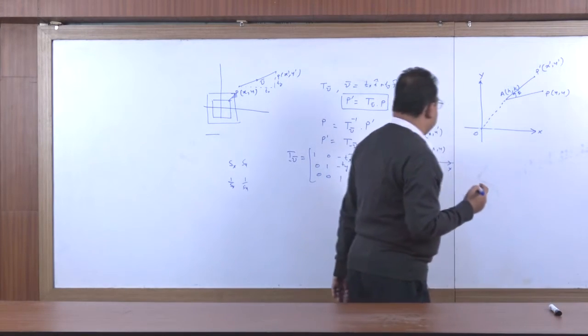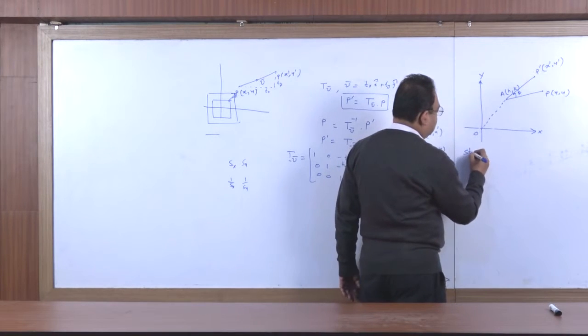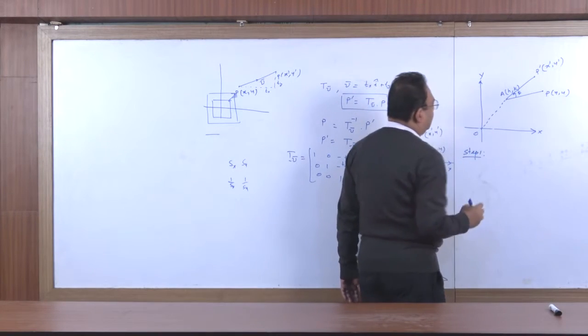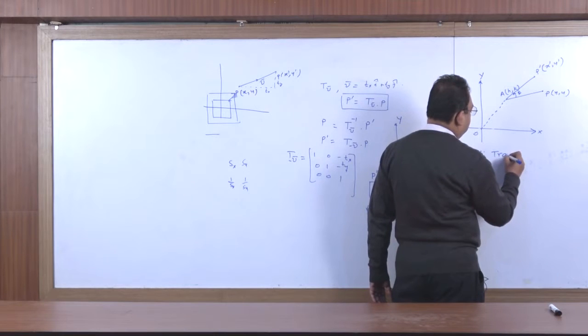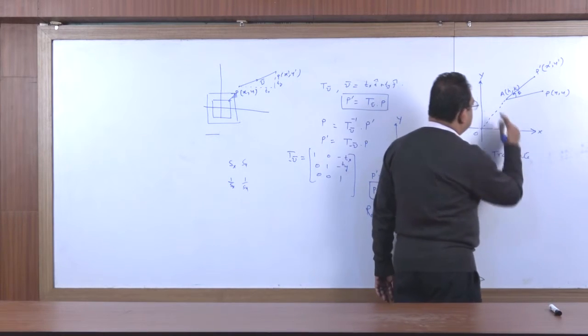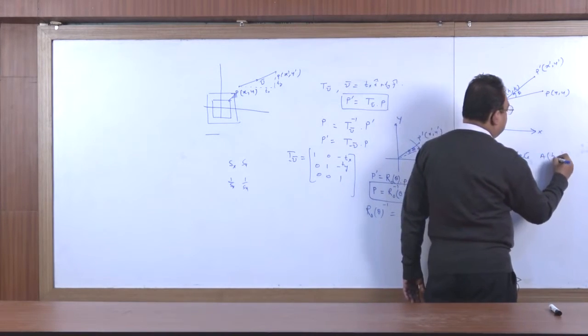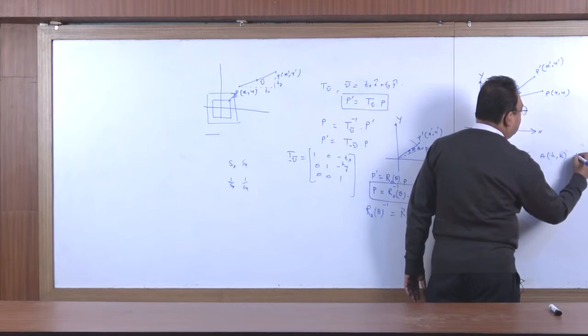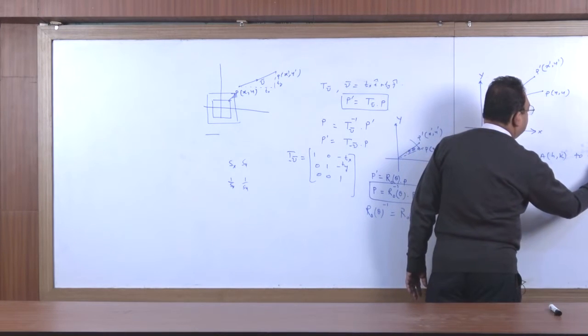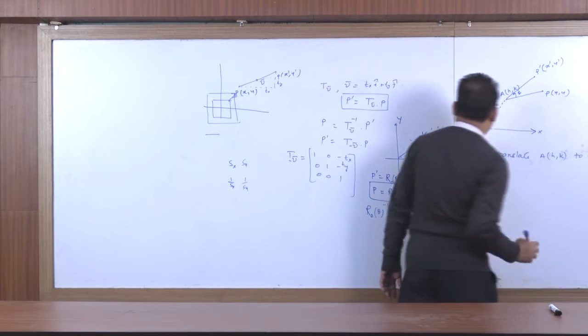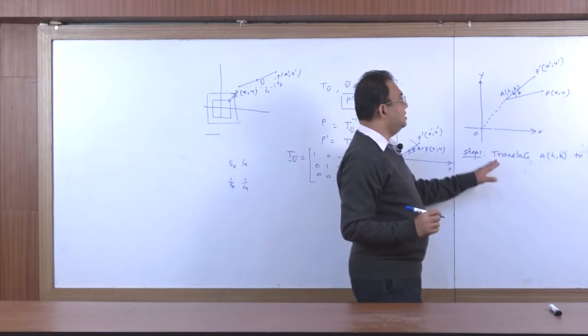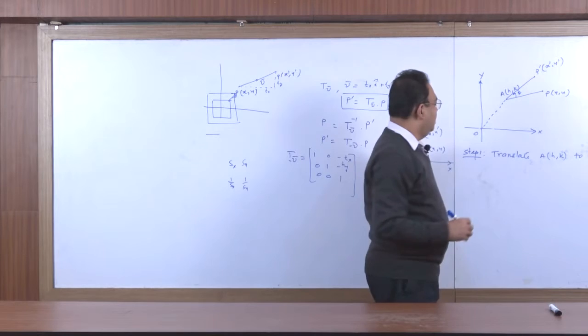So, the steps in this case are as follows. Step 1, translate A (h, k), which is the arbitrary pivot point, to the origin (0, 0), and this translation is applicable to every point.